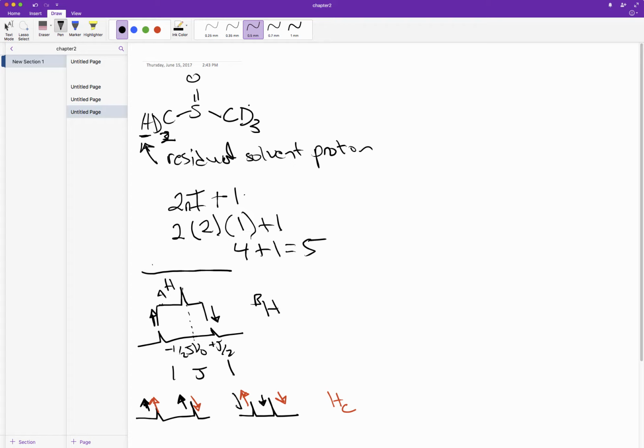So B should be down in this position. So you have B up, up, and then it gets split by the C's, which are up and down. And you have B down, down, and it gets split by the C, which is up and down. And so now you have what you would call a doublet of doublets.